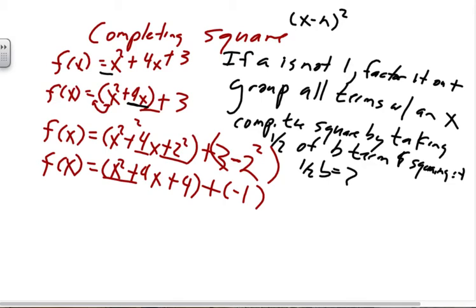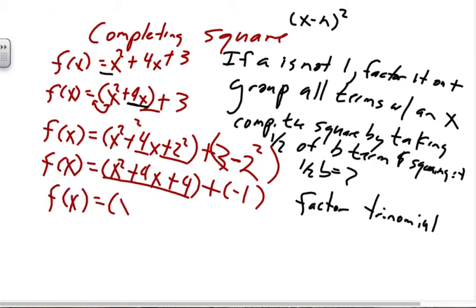Okay, so now I'm going to factor my trinomial, this one that's in here. And because we completed the square, I've got a perfect square. It's going to be x plus half your b term, squared. And you can confirm that these two are the same thing, minus 1. So now we've got this thing in the vertex form.